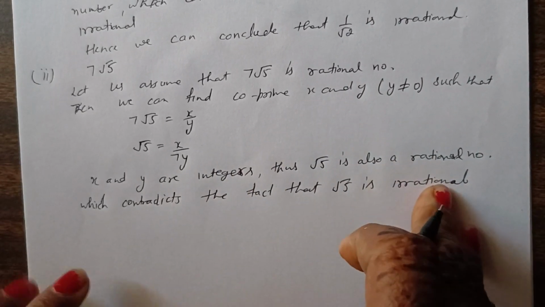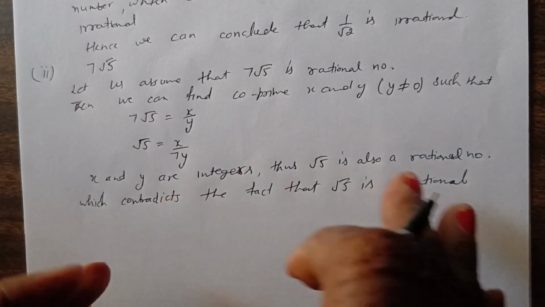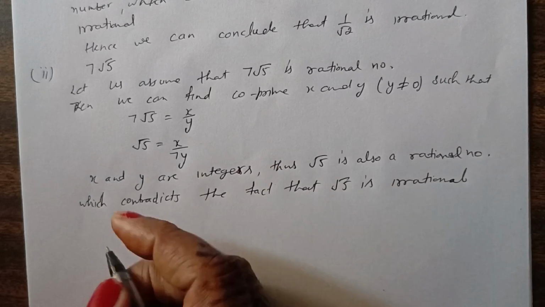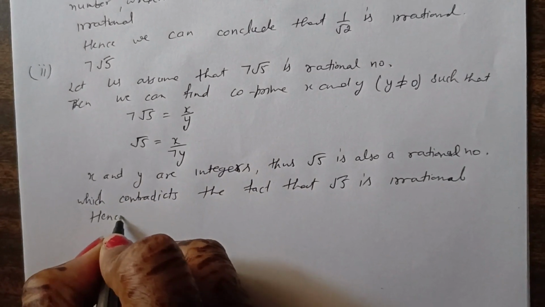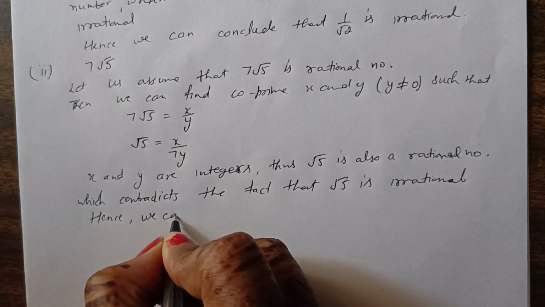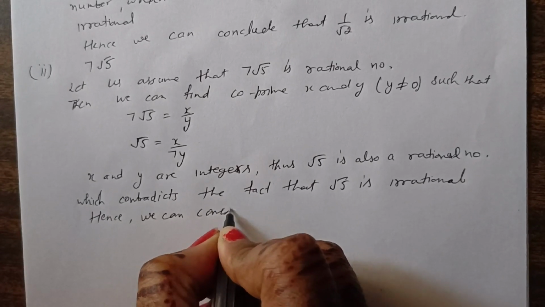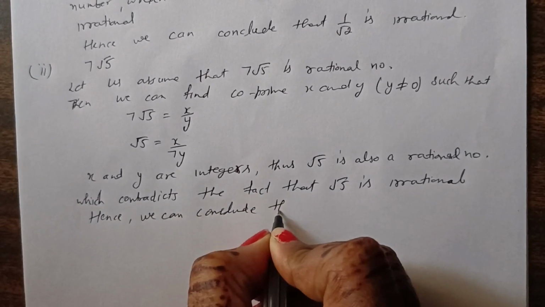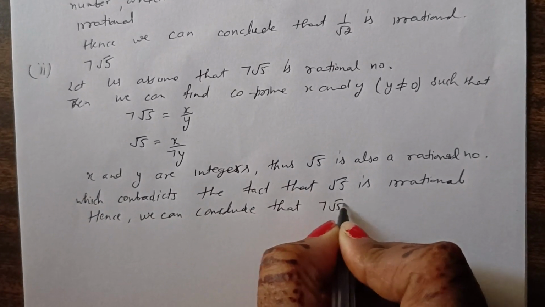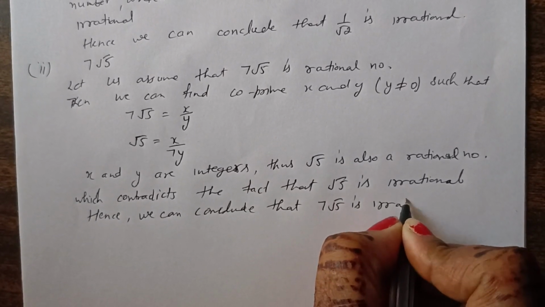Means it contradicts, it's opposite to the fact that root 5 is an irrational number. Hence we can conclude that 7 root 5 is irrational.